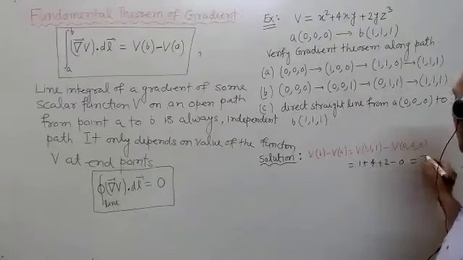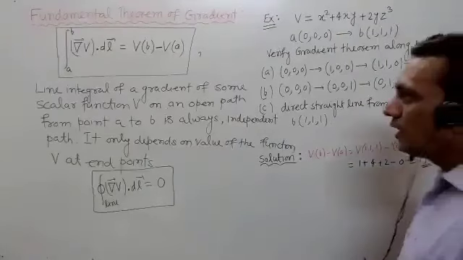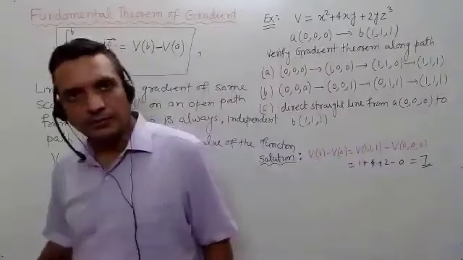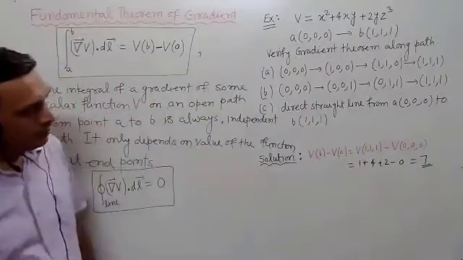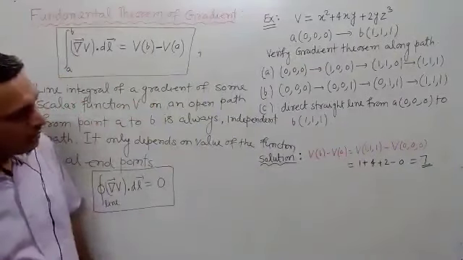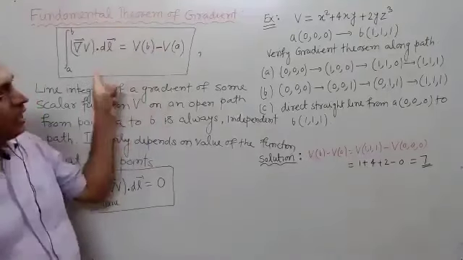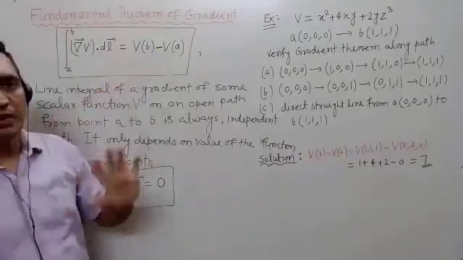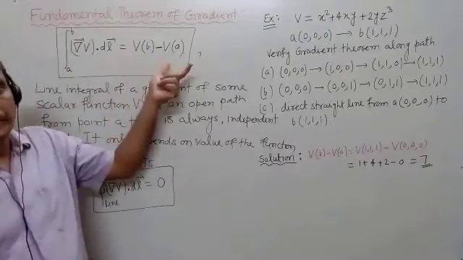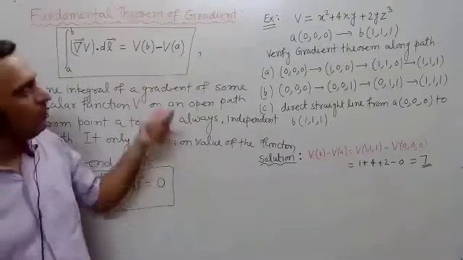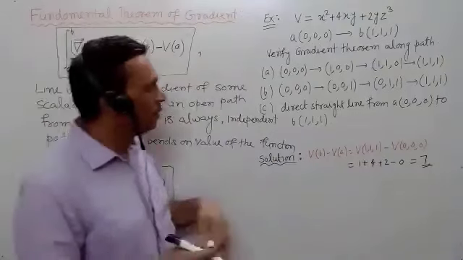So this value is 7. So the integral value must be 7. Is it clear? Integral value from A to B must be 7, because that is VB minus VA. So we have to verify it. That will verify the gradient theorem.